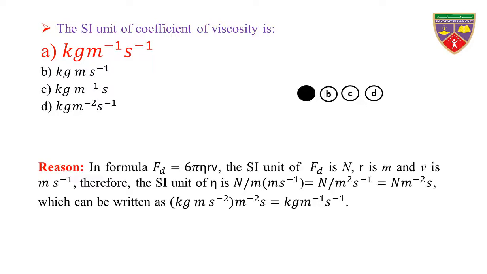Reason. In the formula Fd equals 6 pi eta Rv, the SI unit of Fd is Newton, R is meter, and V is meter per second.